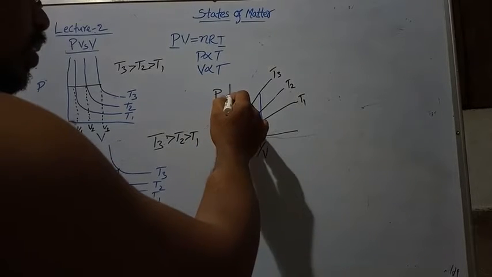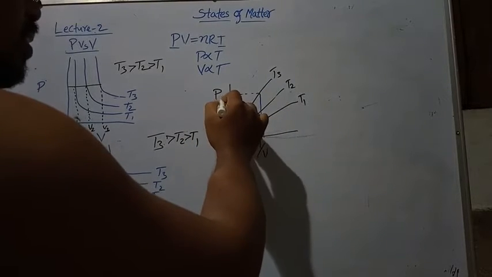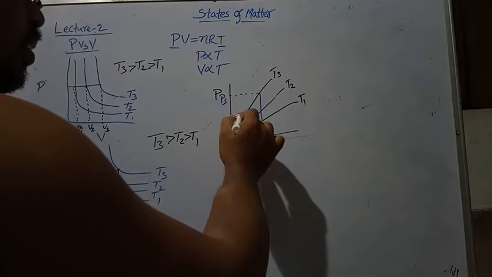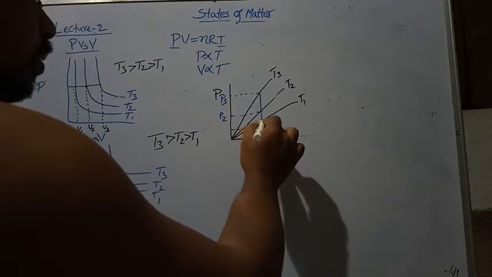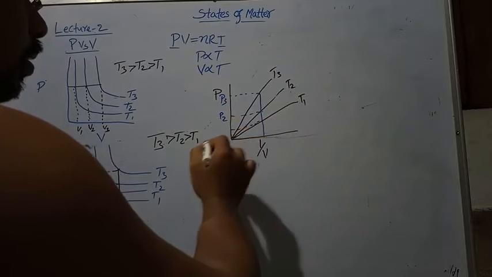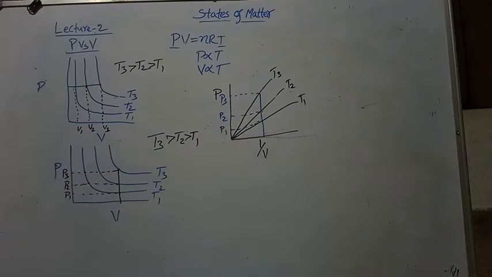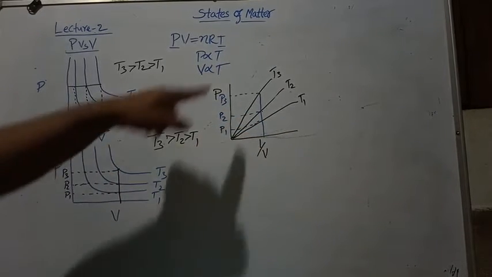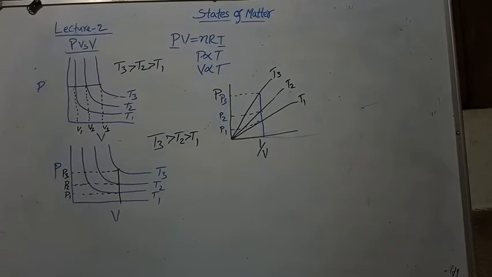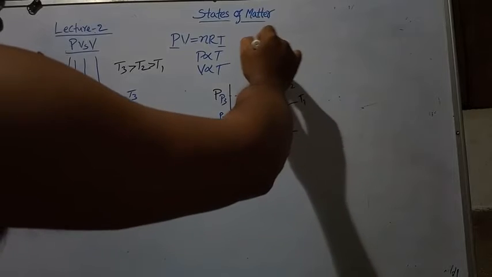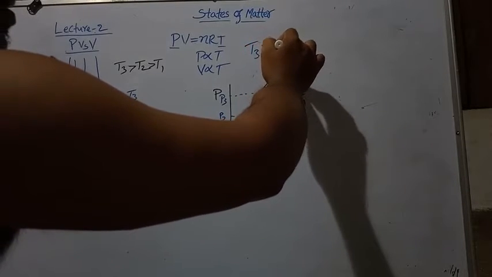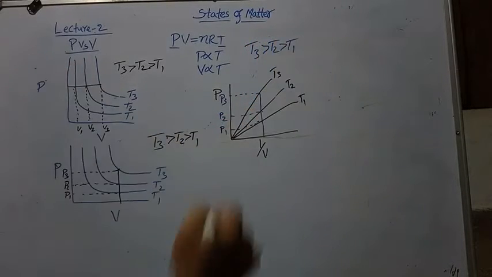This is the pressure P3, this is P2, and this is P1. What is the relation? Temperature increases, pressure also increases. That is why the relation will be T3 greater than T2 greater than T1.